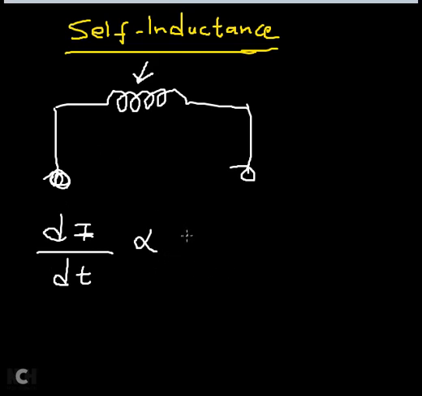So that's going to be N dΦ/dt. In this case, we are looking at just a single coil. There's no mutual, just a single coil.